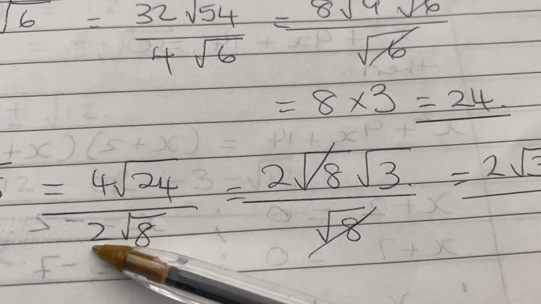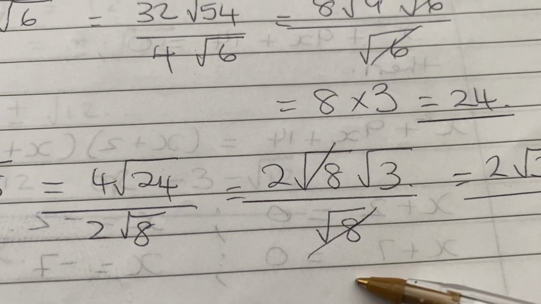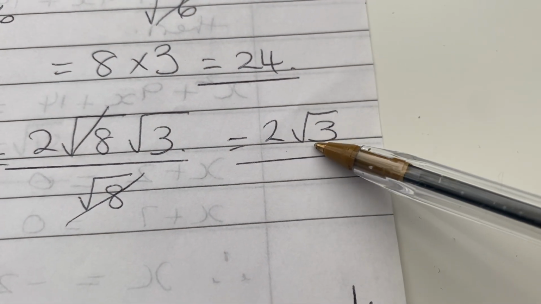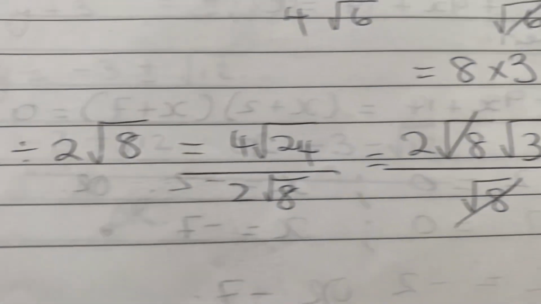So 4 divided by 2 is 2. Root 8 will cancel. So my answer will be 2 root 3.